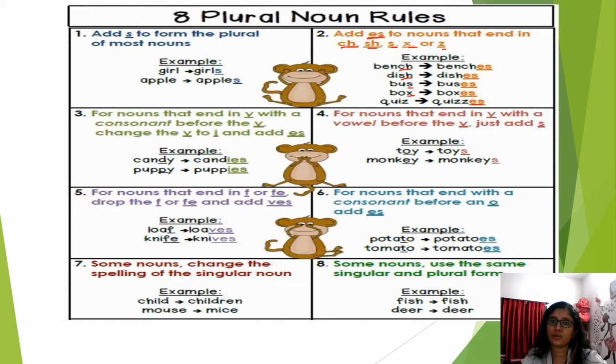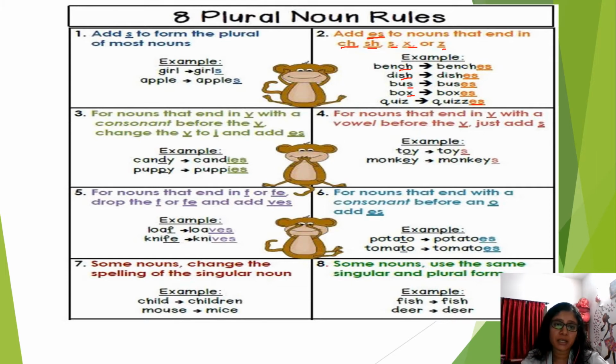Then it's very easy for you to replace it with the rules. Now we have seen the example for es. So again, I'm repeating it. You have to add es at the end of a word that ends in ch, sh, s, x, or z. You have to take out this ending and replace it with es. So this is rule number 2.